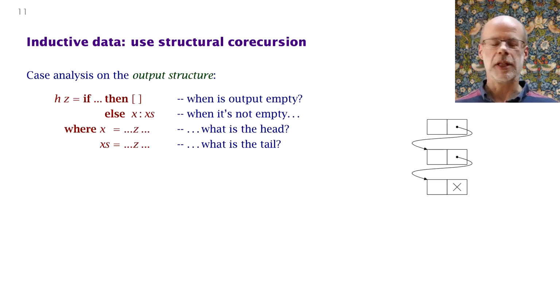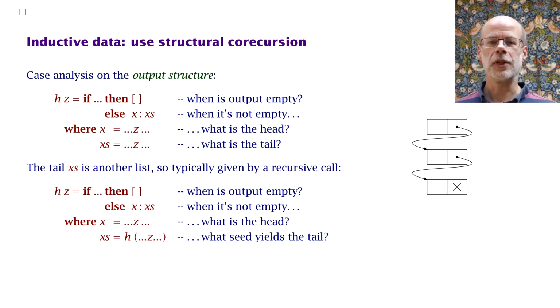And then inductive data. So again, this is list, but now you're producing one, not consuming one. What are you going to do? Well, a list is either empty or it's not, so you have a case analysis. Under some circumstances you produce the empty list, and otherwise you produce a non-empty one. And if you produce a non-empty list, of course you have to produce its head x and its tail xs. But more than that, the tail is another list, so you could do that by making a recursive call.